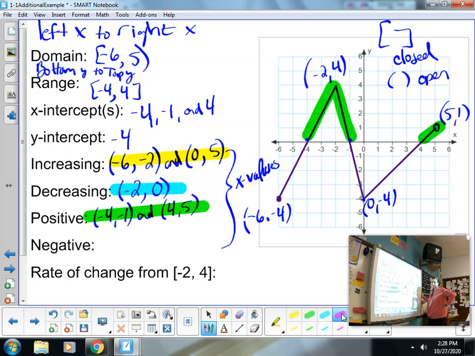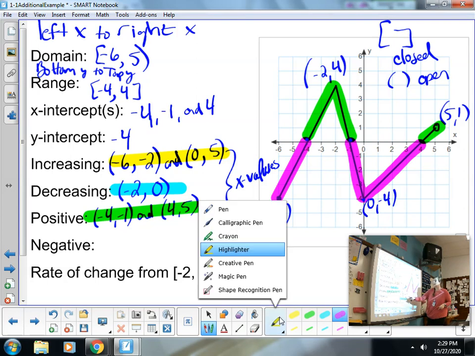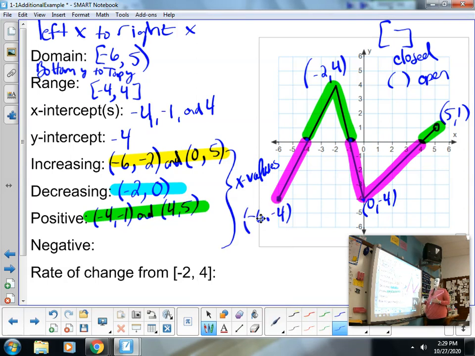Now, if it's not above the x-axis, it's most likely going to be below the x-axis. The only way it would be neither is if you actually trace the x-axis, which doesn't occur with these questions. So I have this section here and this section here, which are both below the x-axis. And once again, I need to name x values.